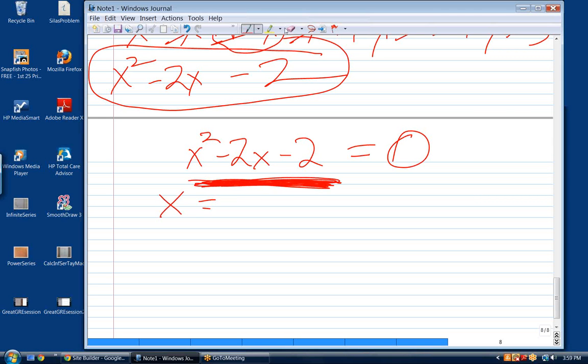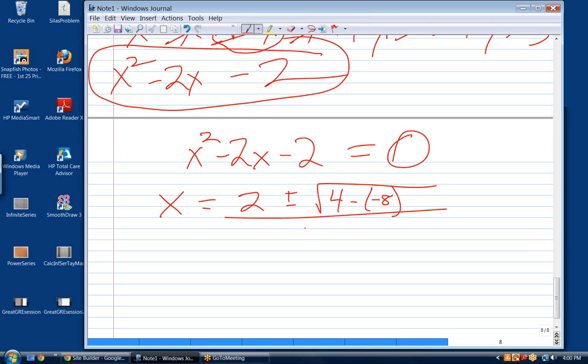What I'm trying to do is show you that when we solve this, we're going to get those two solutions that you started with. So plug it in. Minus b is what? Positive 2, because it's minus already. Plus or minus the square root of 4 minus negative 8, over 2.